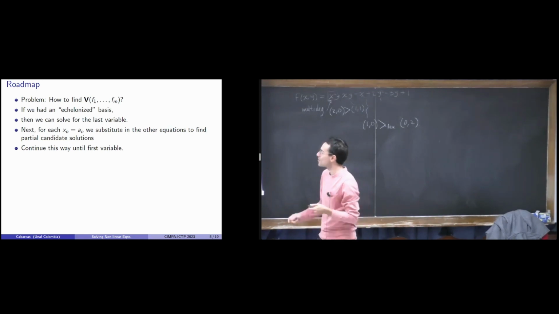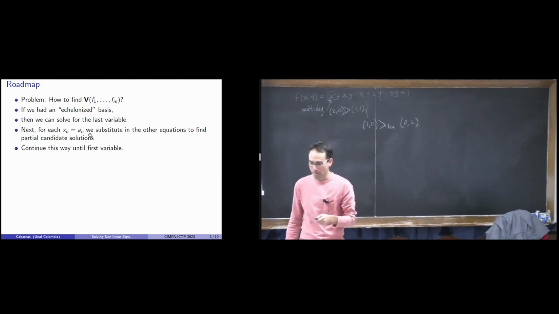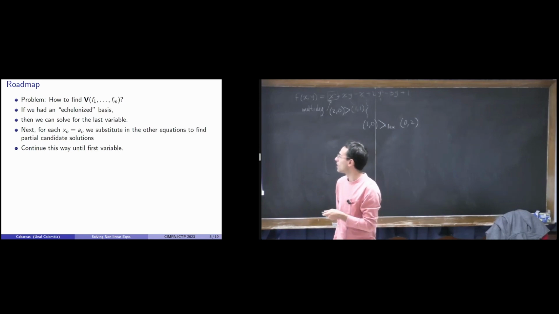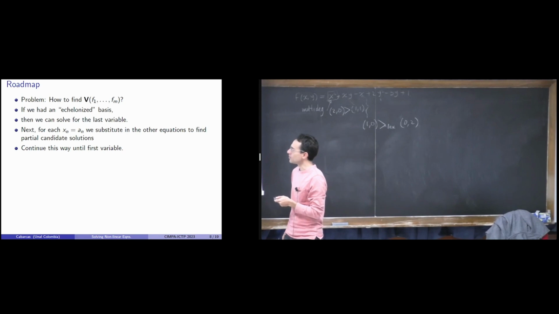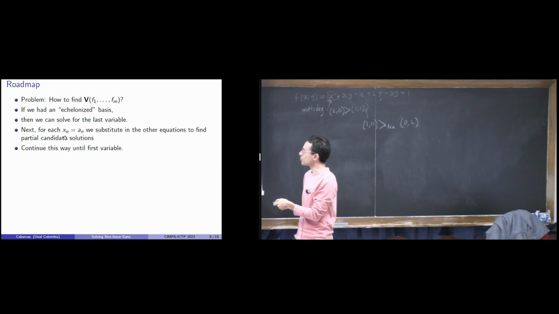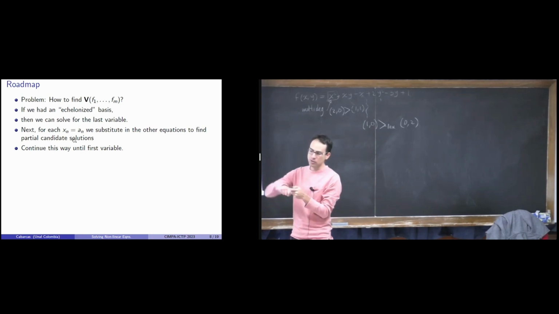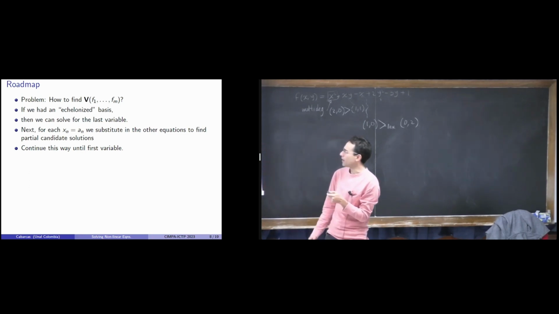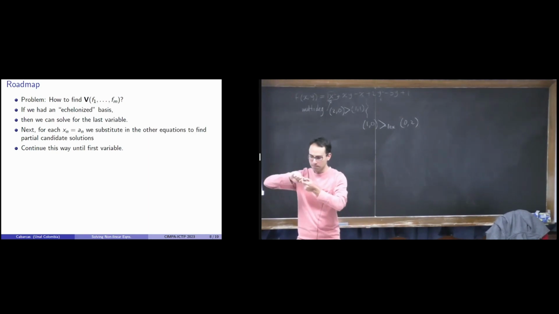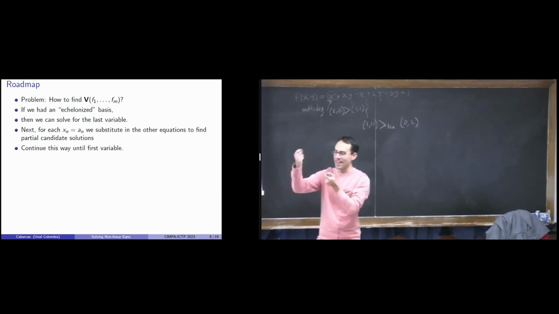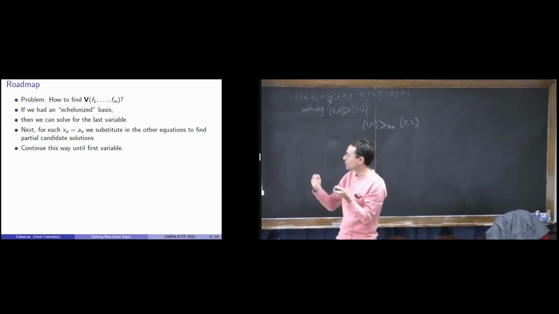If we had an echelonized basis, then we can solve for the last variable by solving a univariate equation. We can factor it to get solutions for the last variable. And next, for each one of those solutions of the last variable, we can substitute them back in the other equations to extend these partial solutions to the next variable and so on.